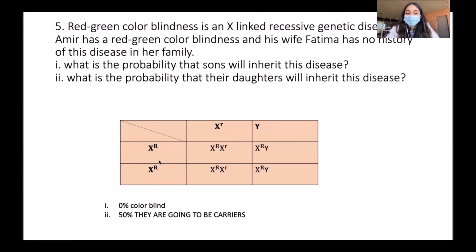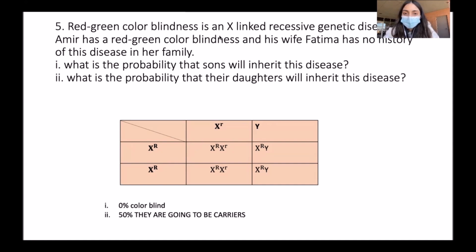So we're going to say that Fatima is going to have X big R, X big R. Okay. And then the father has color blindness.